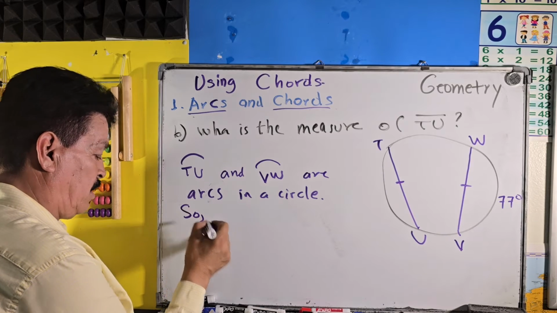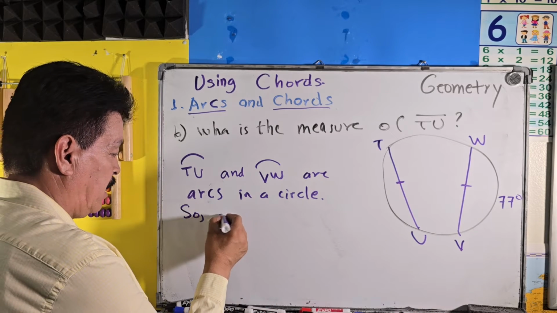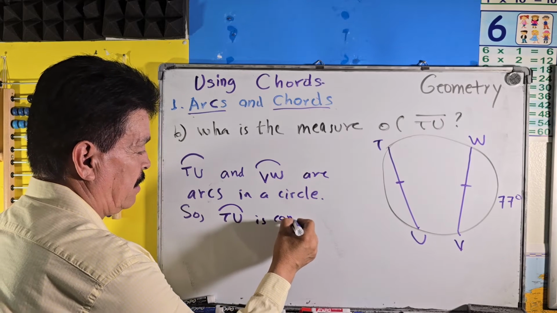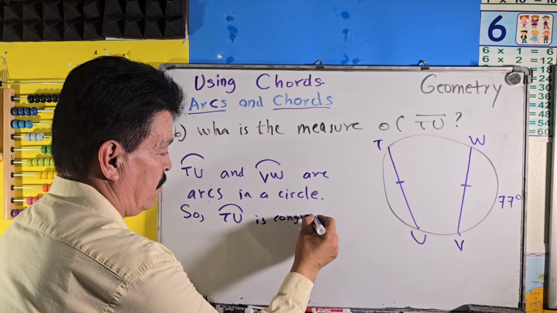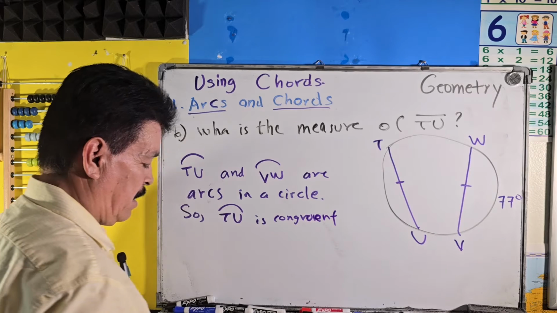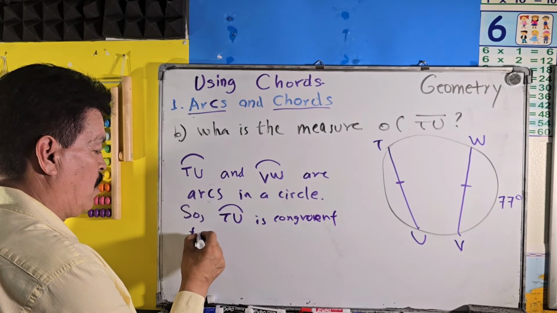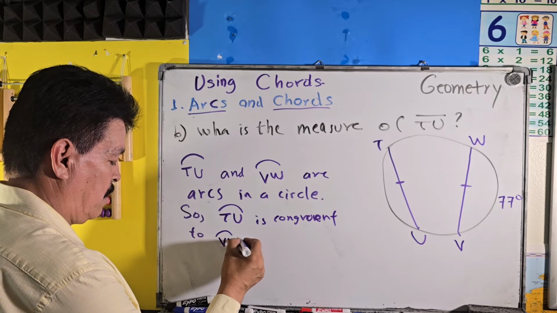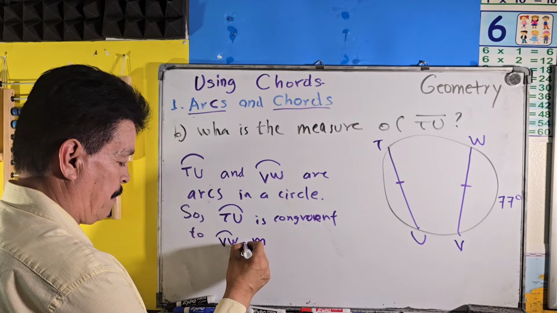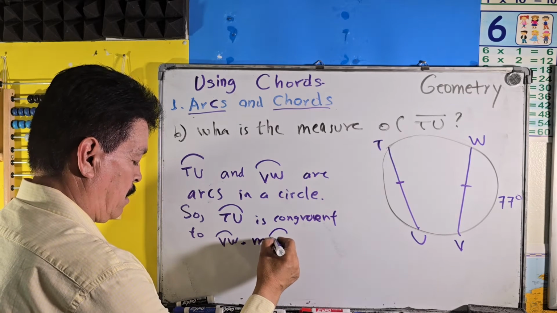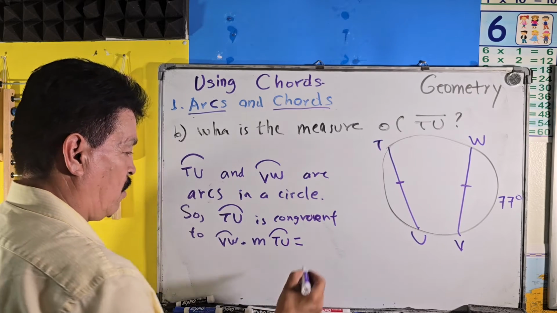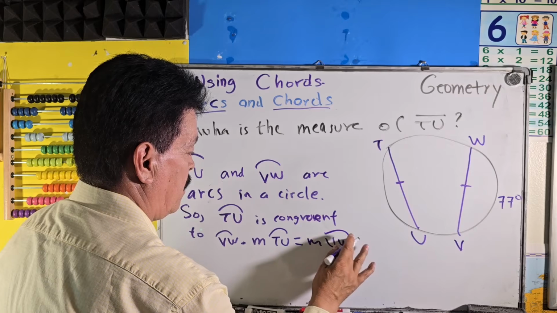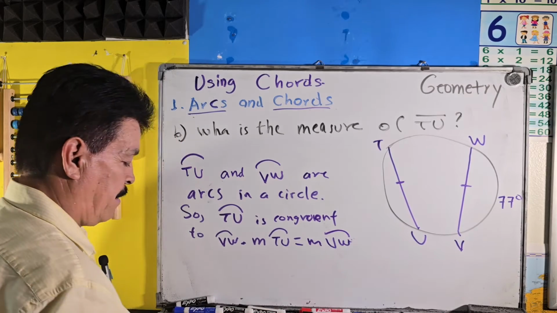So arc TU is congruent to arc BW. So the measure of arc TU equals the measure of arc BW, right?